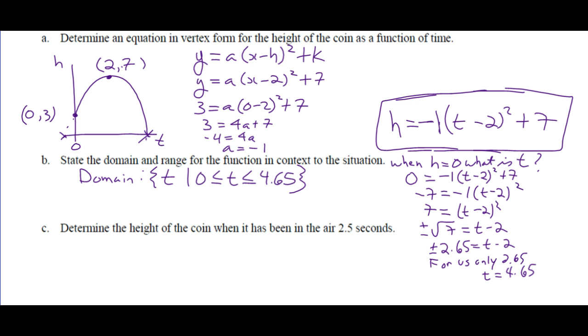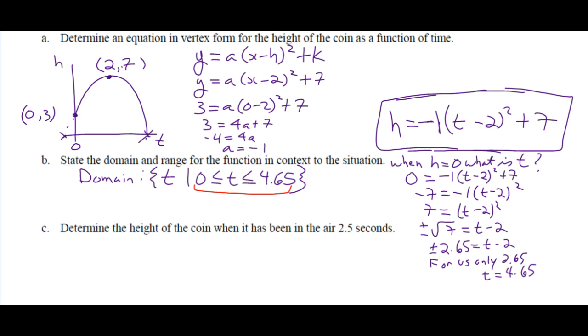And that's what we're interested in. You can write just that part. As for domain, in English that says the time is between 0 and 4.65. In math, when we're doing in-between stuff, we always write the lower number is less than or equal to the variable, which is less than or equal to the higher number.